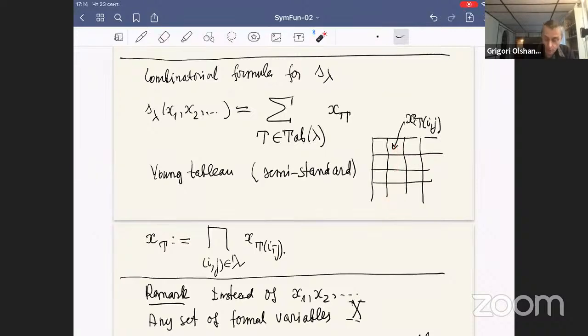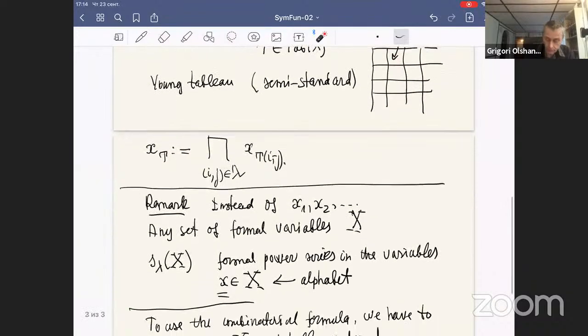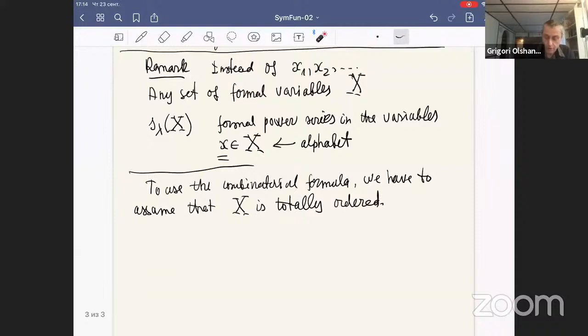And for this, we only need the order. Okay. So, for instance, this makes it possible to give a meaning to something like this.